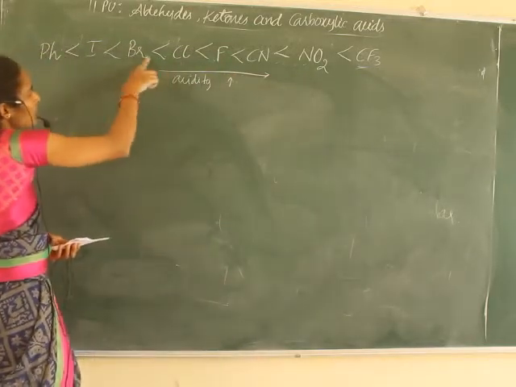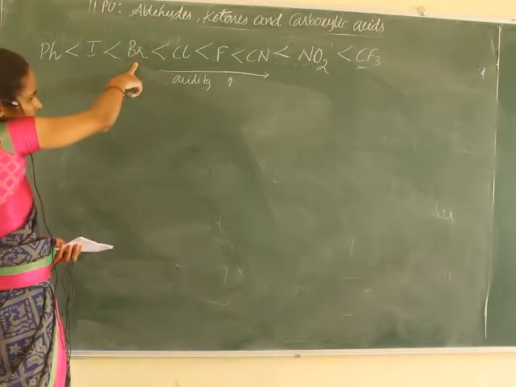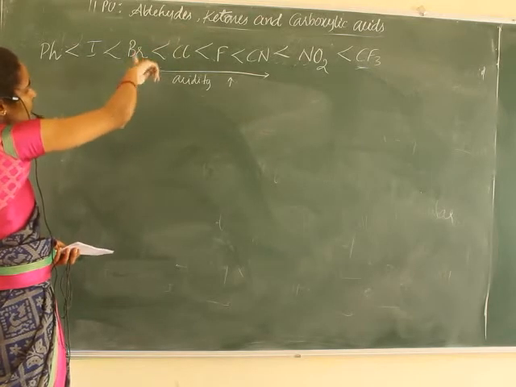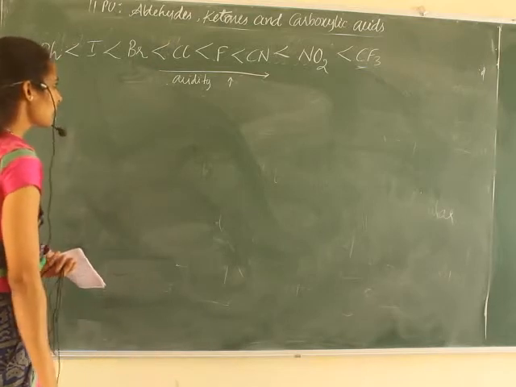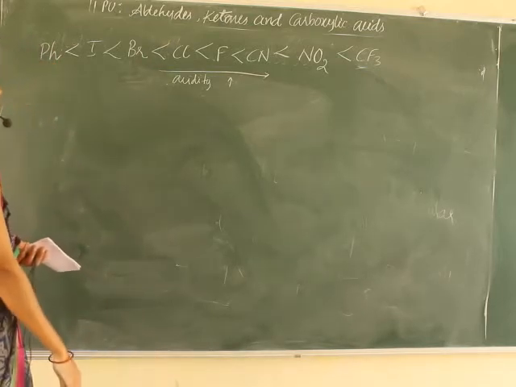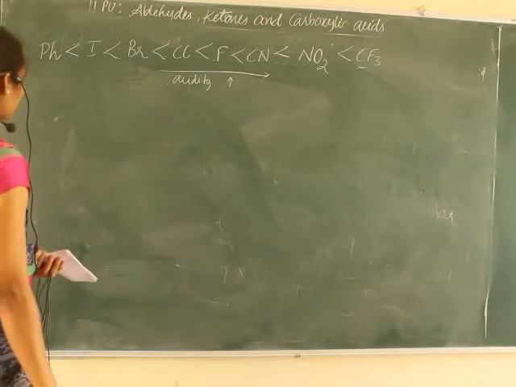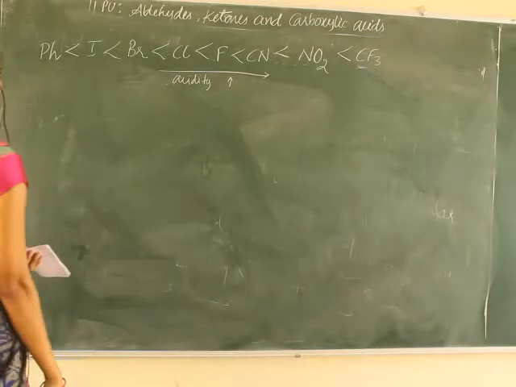These groups are electron donors, right? Though electronegative, because of the presence of lone pairs of electrons they can also donate electrons. Hence, acidity increases from the phenyl ring to CF3.